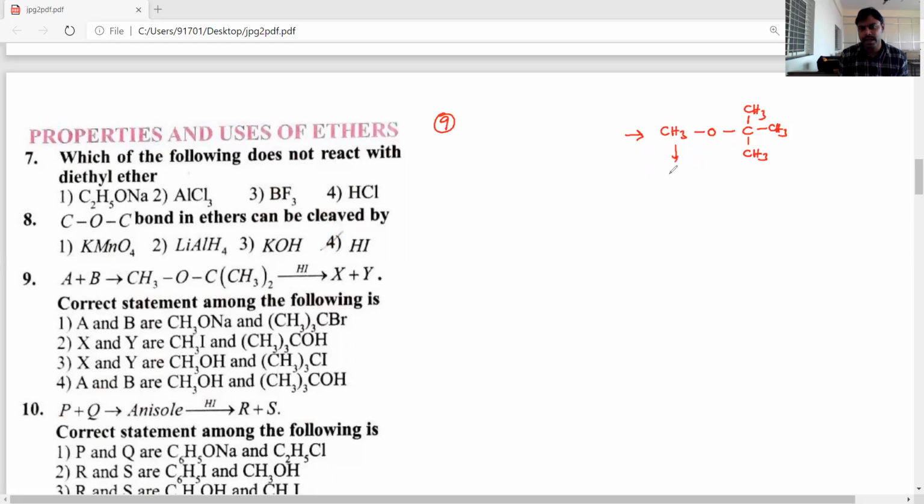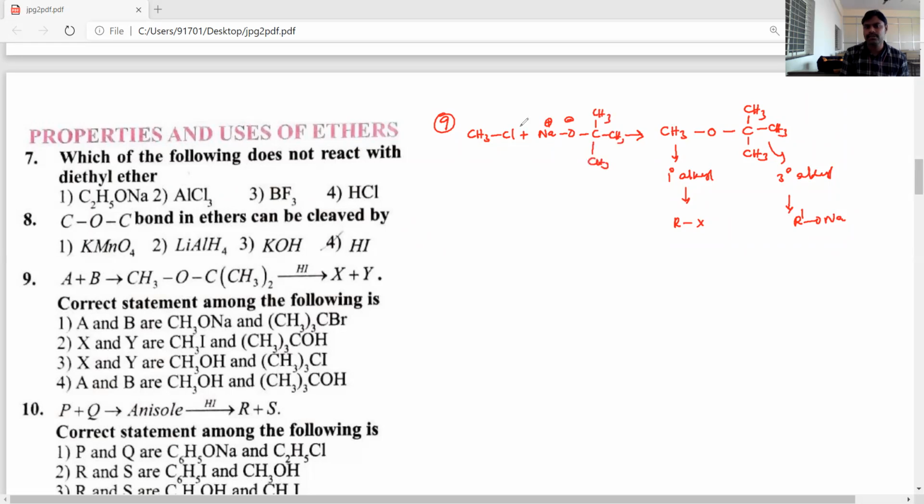Okay, it is a primary alkyl group on one side and a tertiary alkyl group on the other. So the primary alkyl group must come from the alkyl halide, and the tertiary one must be the sodium alkoxide, R-ONa. So A is methyl chloride, CH3Cl, and B is Na+ O- C(CH3)3, sodium tertiary butoxide.